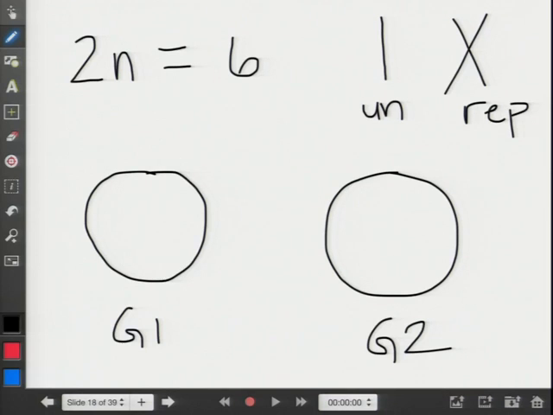What exactly do you want us to do? Draw me what the chromosomes look like and how many there are in G1 of the cell cycle of a 2n equals 6 organism, and a cell in G2, how many chromosomes, what do they look like?